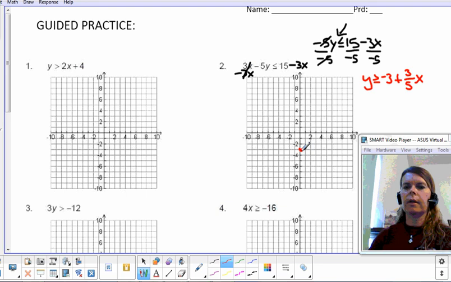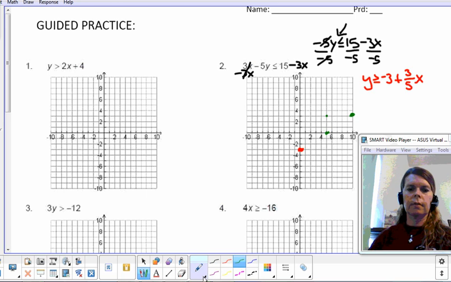That's our y-intercept, because remember, that's the one without the x. And then we're going to go up 3 over 5. 1, 2, 3. 1, 2, 3, 4, 5. Then we're going to go up 3 again. 1, 2, 3. 1, 2, 3, 4, 5. And then there's our line.